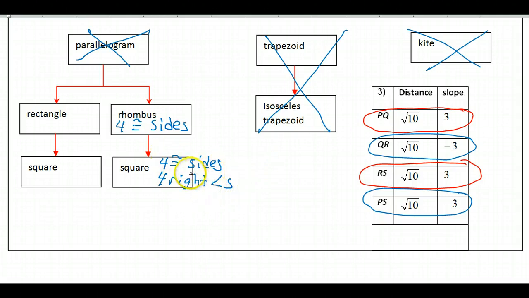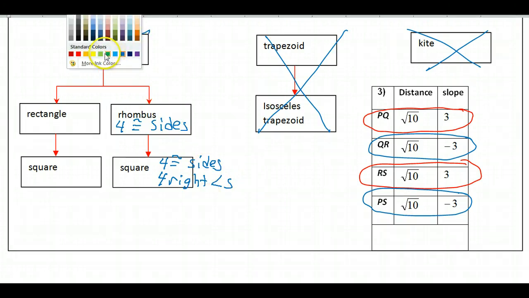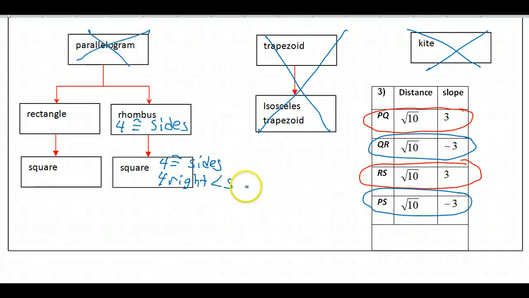Okay, so here's the last thing that you need to understand. When we're talking about right angles, we're talking about 90 degrees. Okay? So if I'm talking about right angles, 4 right angles form 90 degrees. That means they are perpendicular. All right?